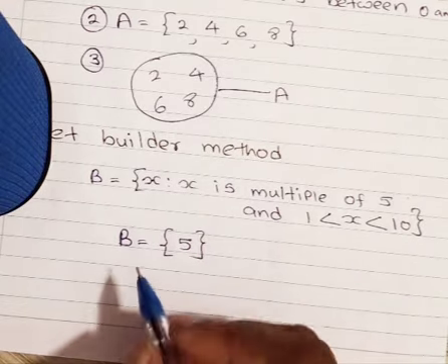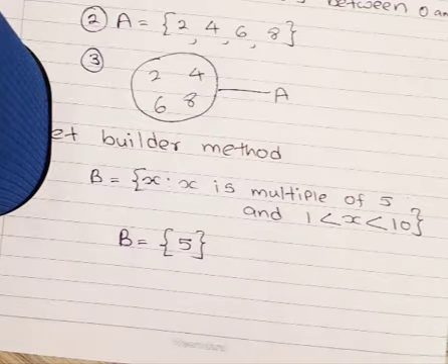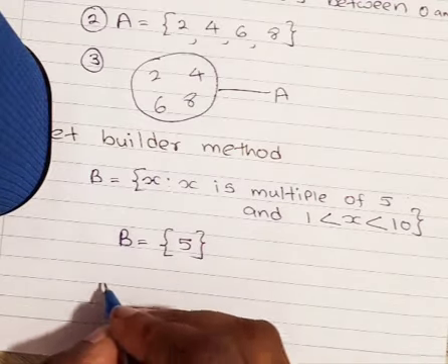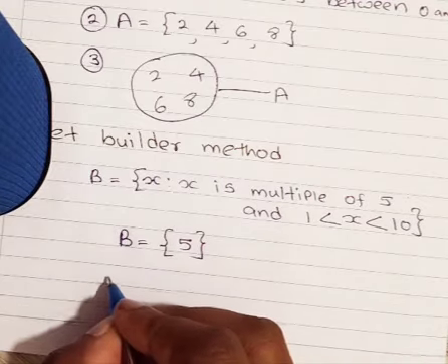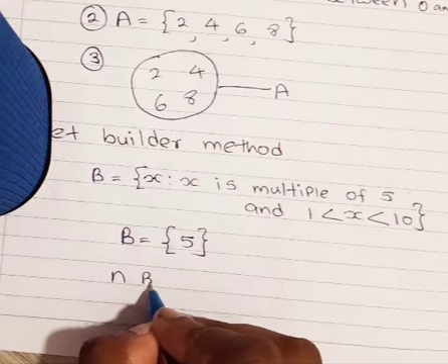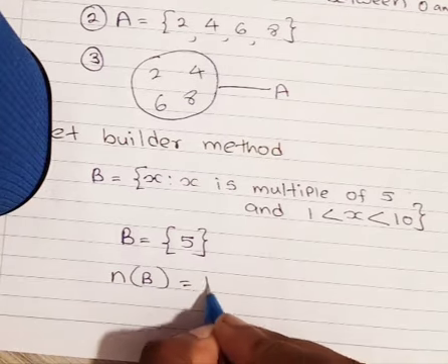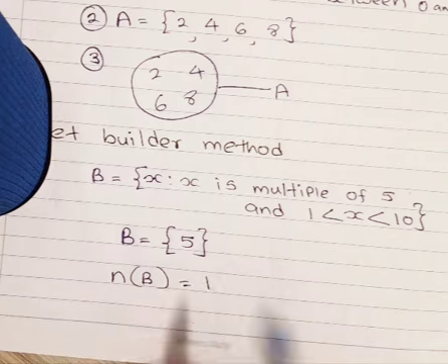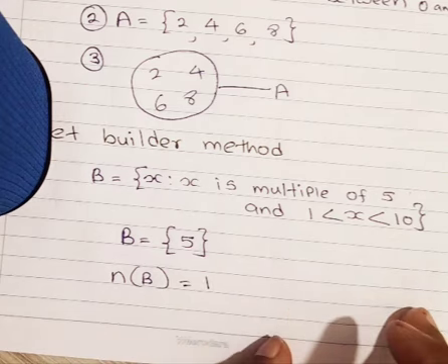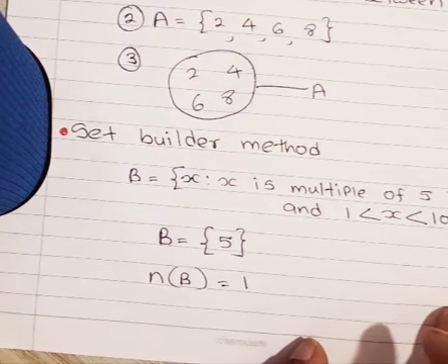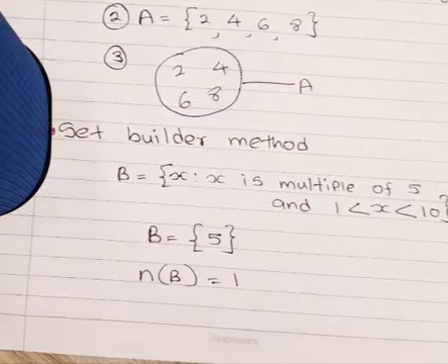The number of elements of set B, n(B), equals 1 because there is only one element. Those are the things to keep in mind in the set builder method.